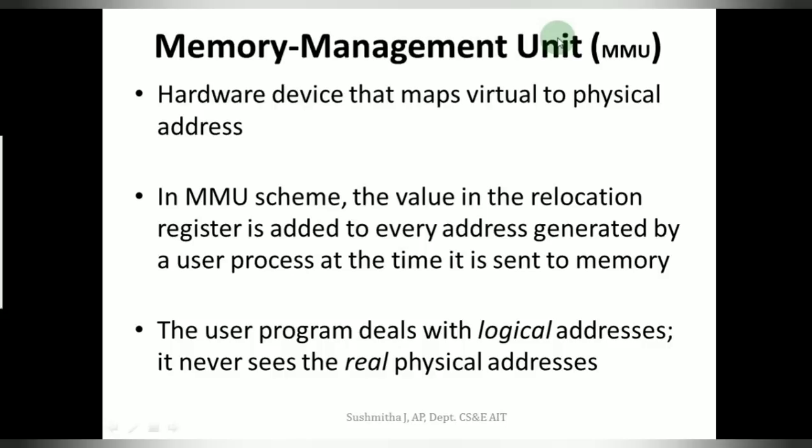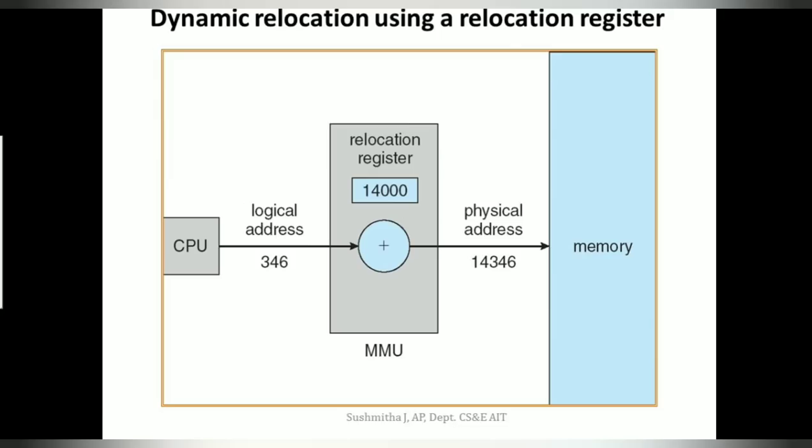So the value of the relocation register is added, you can see here. This is my logical address that is generated by the CPU. With the help of the relocation register, I will be generating the physical address, that is the address on the memory unit.